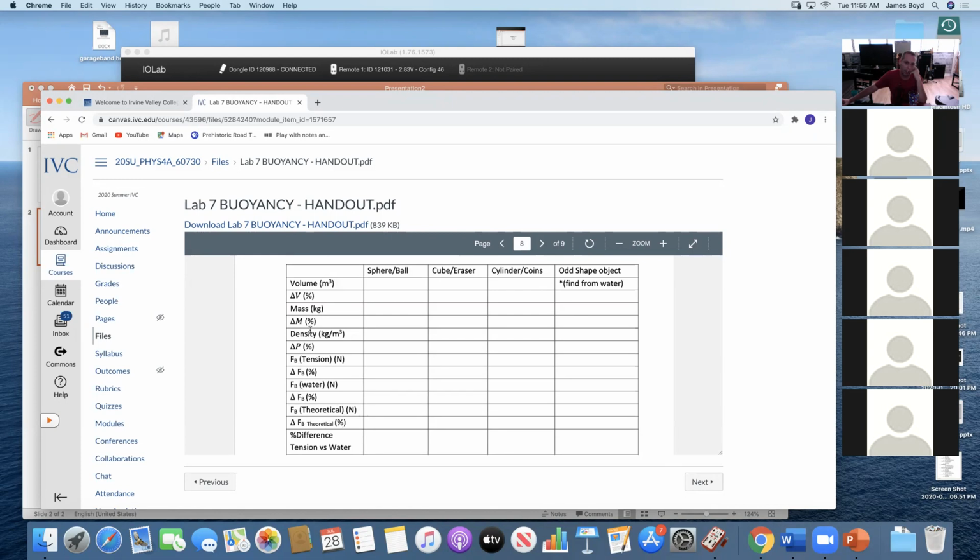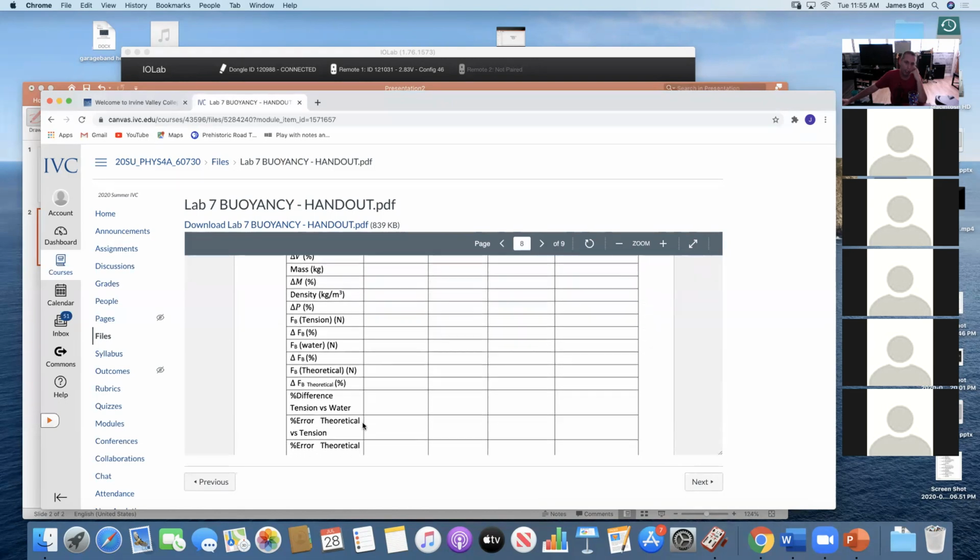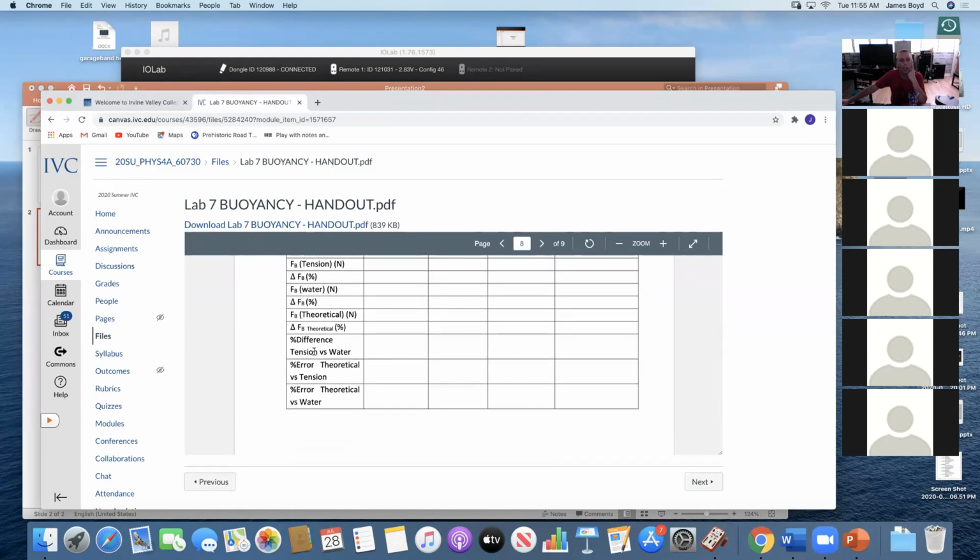Again, all these uncertainties, it shows you how to calculate in the data section. Find the percent difference in the tension versus the water. So the method where we submerged it versus the method where we found the water. The percent error between the theoretical and the submerging tension, and the theoretical and the water mass, okay?